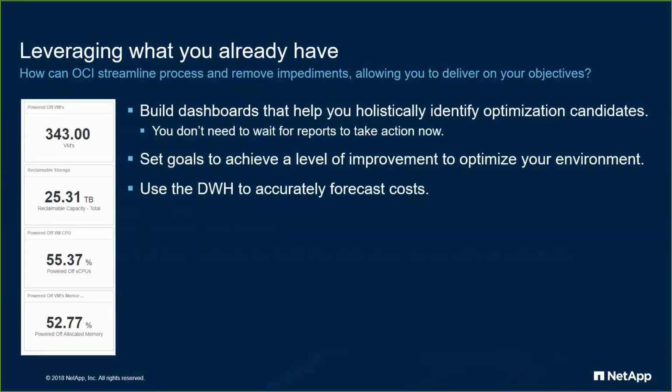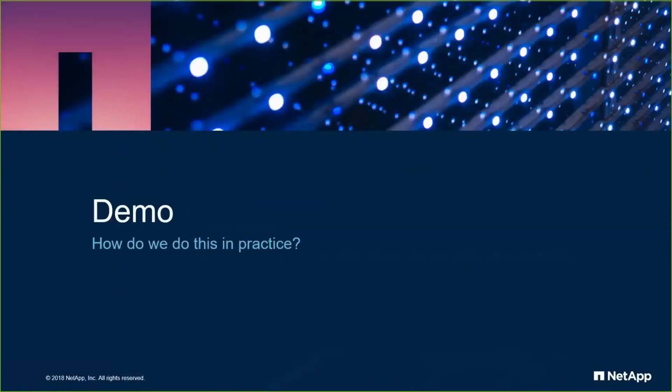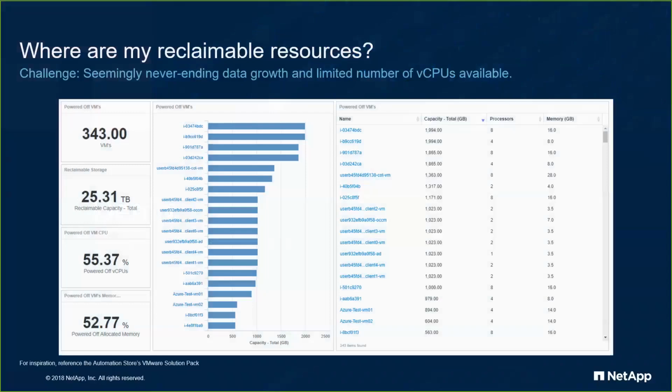All right, so let's move into the demo. The first one that we'll look at is the challenge of seemingly never-ending data growth, and obviously there are limitations in how much idle storage you really want to leave floating around, and also allocated vCPUs, allocated memory, that sort of thing.